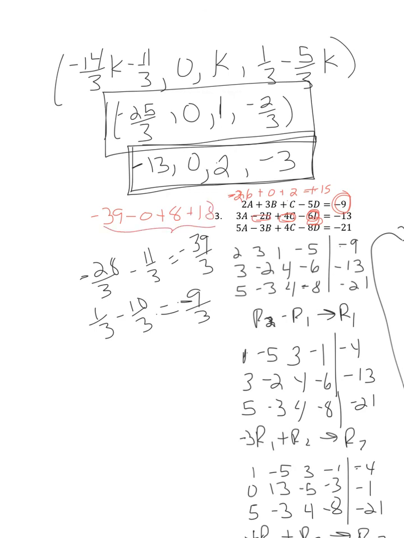Okay, add all that up in your head or in your calculator, sure enough, it's negative 13. And then if we plugged them all in this combination, sure enough, they add up to negative 21. That is a set of A, B, C, and D that makes all of this true. But so is this one.